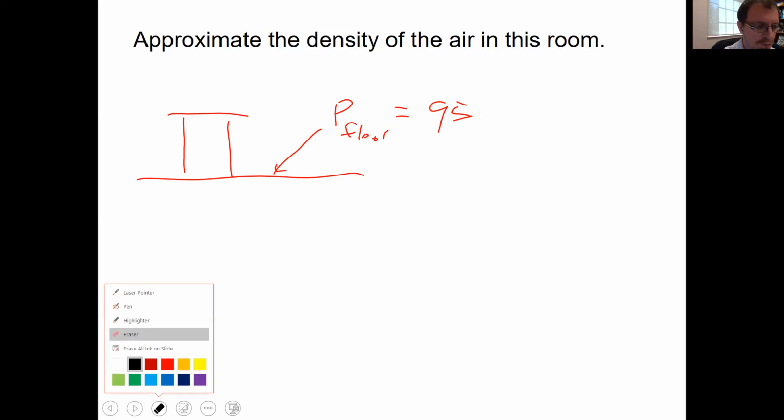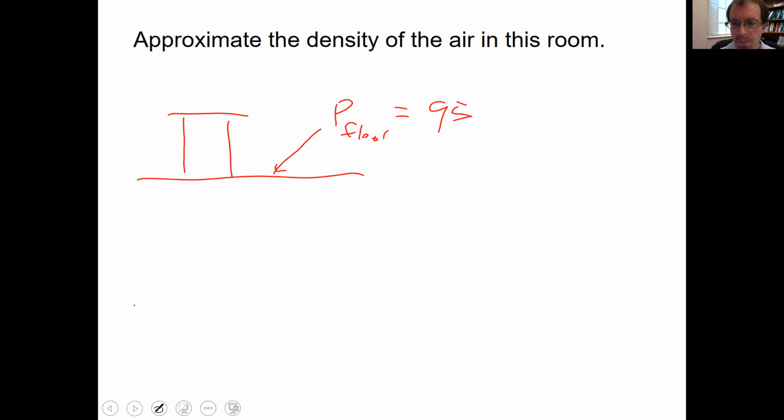Got a bit of an issue with my display. For whatever reason, those streaks pop up every once in a while. 95,826 torr. The pressure at the surface of the table was 95,816 torr.